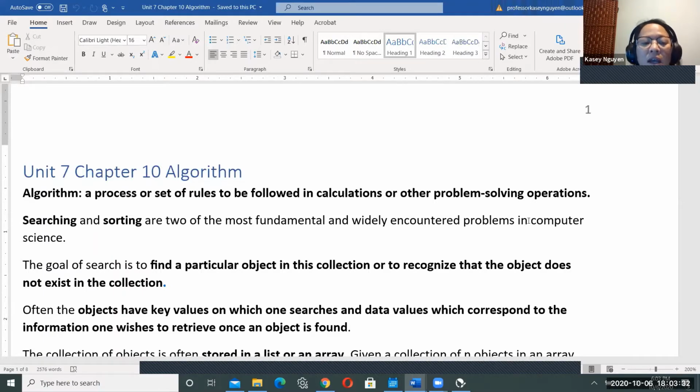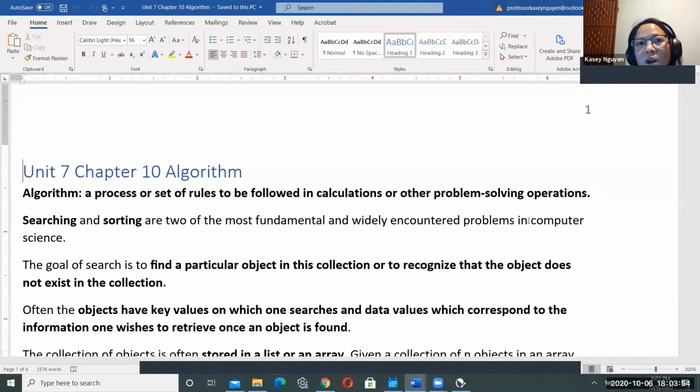So algorithm is really a set of rules that we can follow when we calculate or solve a problem. And in programming, we really break that down into the smaller parts to really tie all of this back into a larger application.